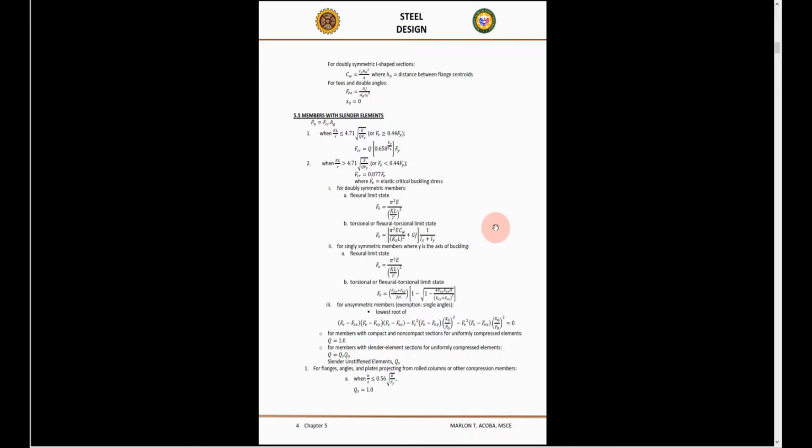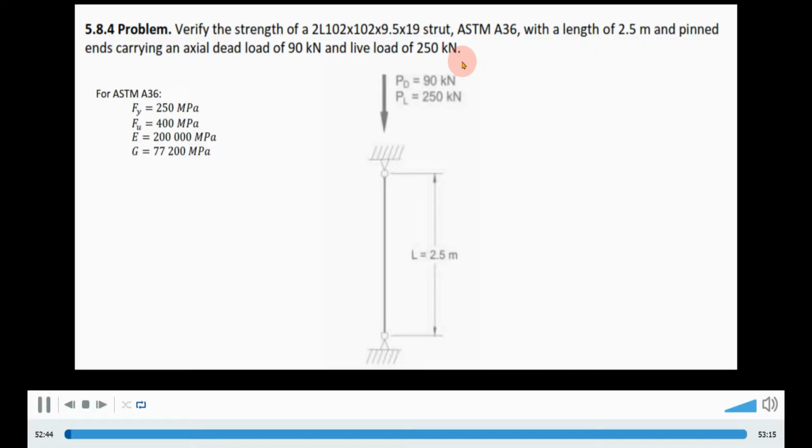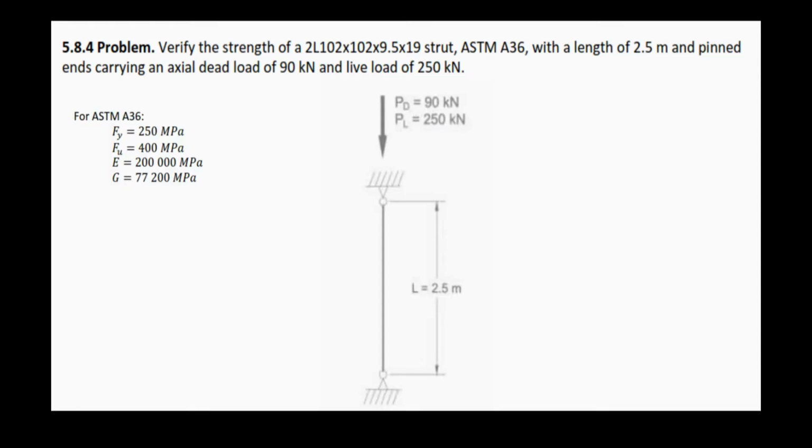So to further understand this formula, or for you to be able to use these formulas, let us now proceed to our example. Verify the strength of a double angle 102 by 102 by 9.5 by 19 strut under ASTM A36 with a length of 2.5 meters and pinned ends carrying an actual dead load of 90 kN and live load of 250 kN.